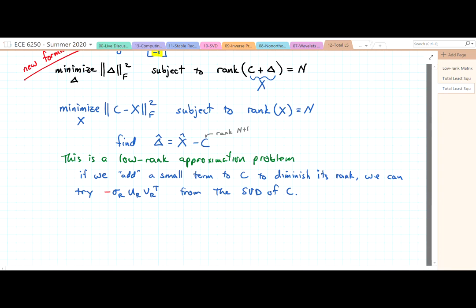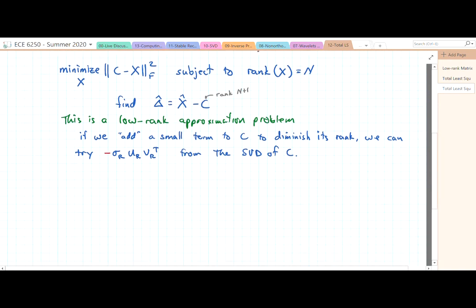And that's from our low rank matrix approximation lecture previously. And since we chose delta capital R, this would be sigma capital R, that's the smallest of the singular values, and there we go.